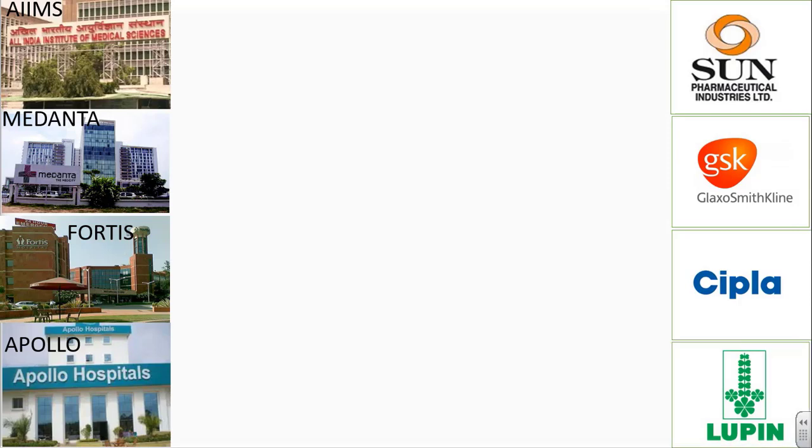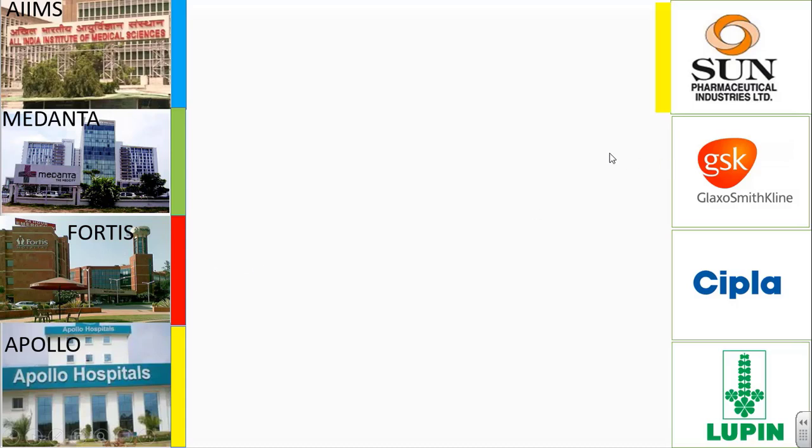For the sake of simplicity, we have taken four hospitals and four suppliers. In this case, the strips with these colors, blue, green, red, and yellow, show that these hospitals have got different types of software. Yellow, blue, red, and green show that these supplier companies have got different software.